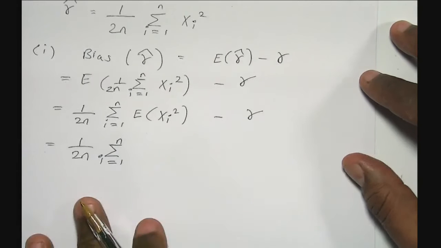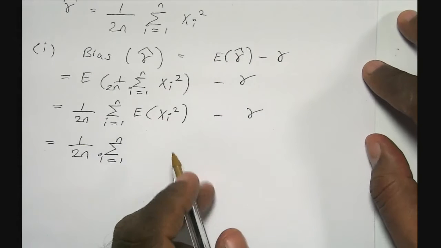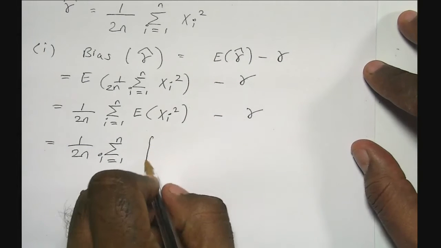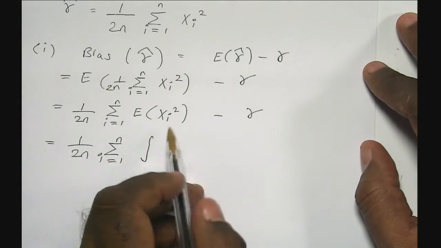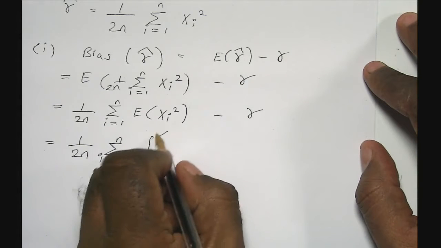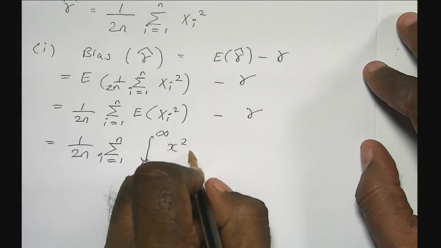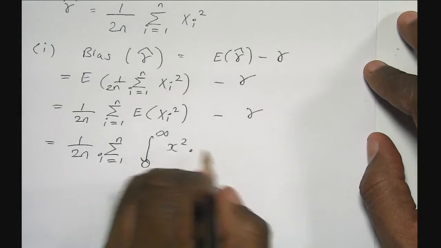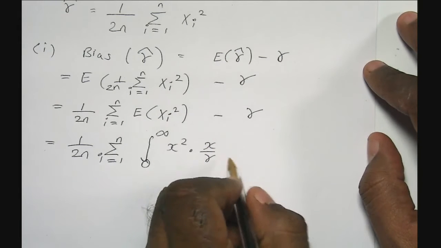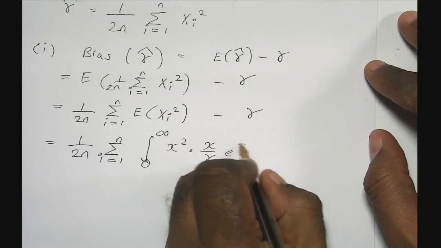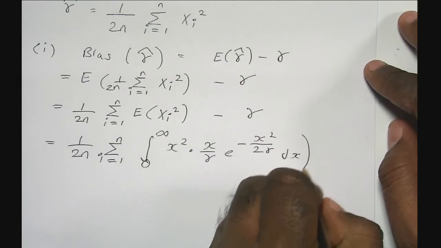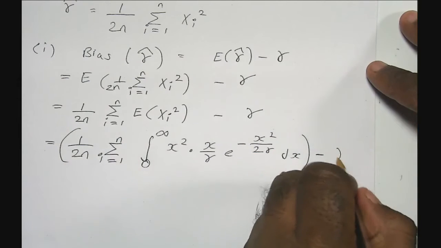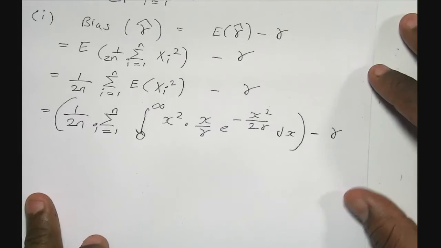Now the expectation of xi squared, to find that, just like I did in the lectures this afternoon, you need to integrate from 0 to infinity of x squared times the density function, which is... Are you with me, guys?